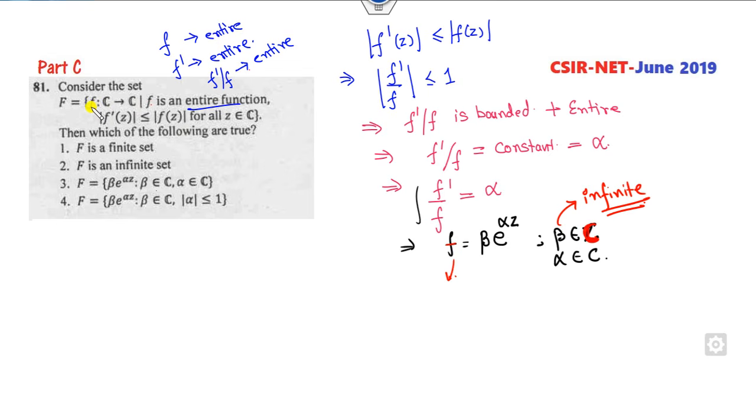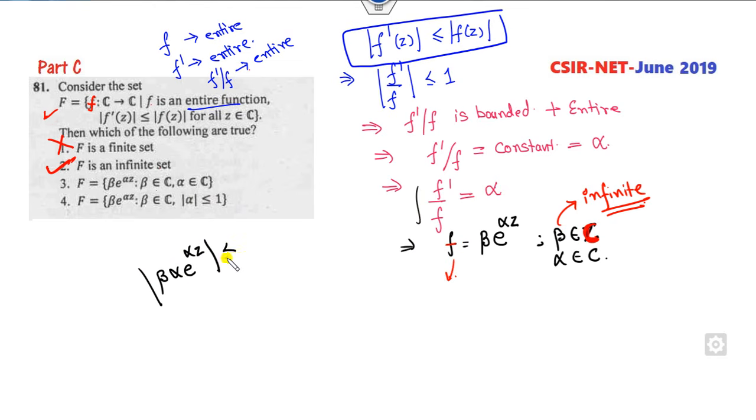So if small f has infinitely many functions, then capital F is an infinite set. So S is finite is cancelled out. Now you can think about whether this alpha, whatever this constant is, has modulus less than 1 or not. We can substitute this value in here. What is that? Mod of f dash is less than or equal to mod of f.